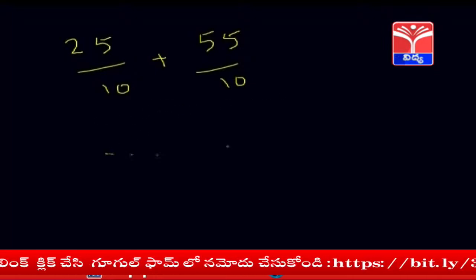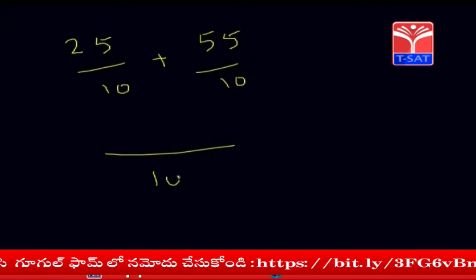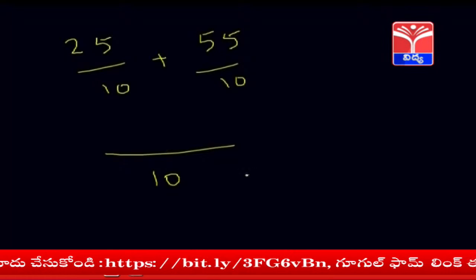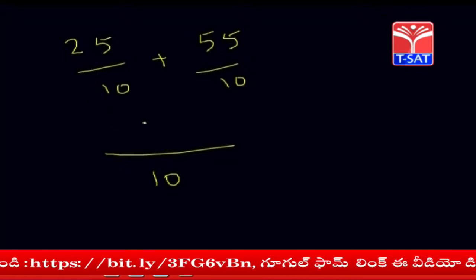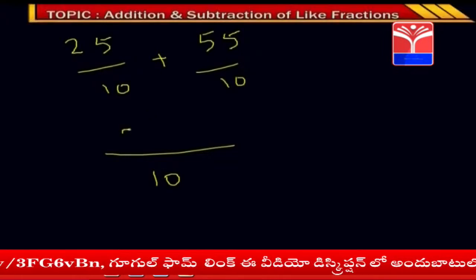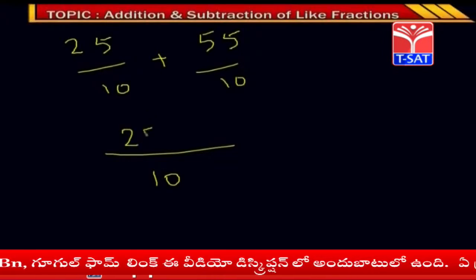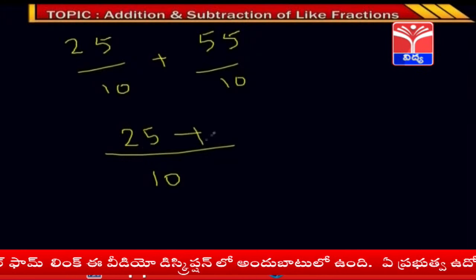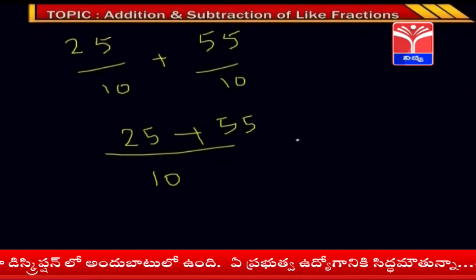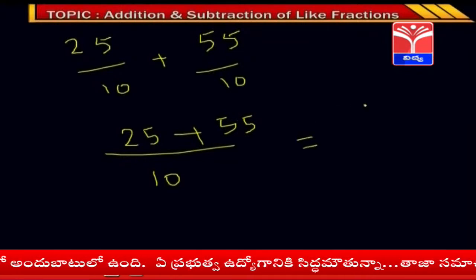So we have to write the denominator as 10. Denominator represents the total number of whole parts. And then when we are adding two like fractions, we are adding numerators. 25 plus 55.